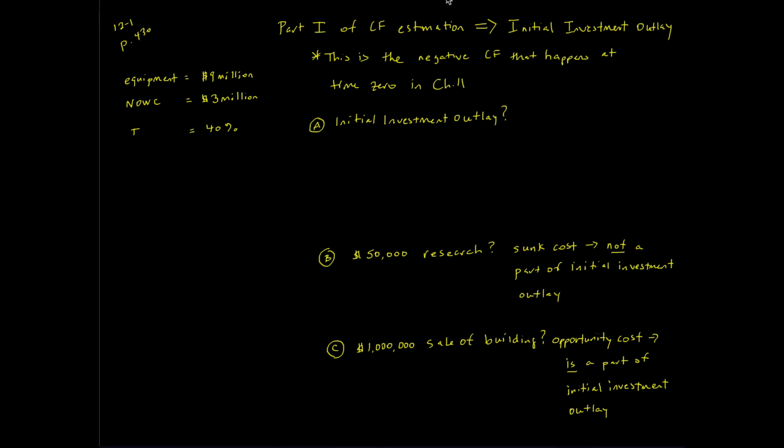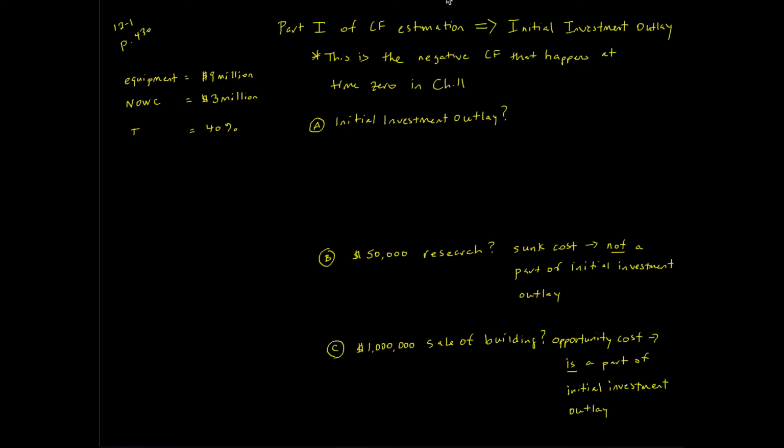Problem 12.1 on page 430 introduces us to the first part of cash flow estimation. And the way I think about chapter 12 is in three parts. Part 1 is calculating initial investment outlay. Part 2, which we'll look at in problem 12.2, is estimating project cash inflows.